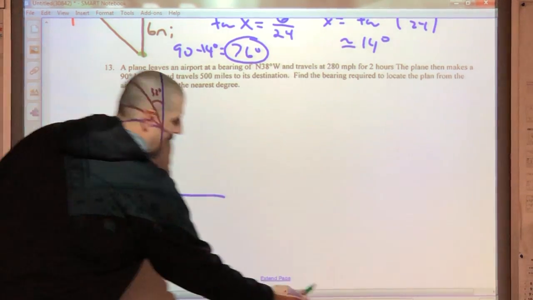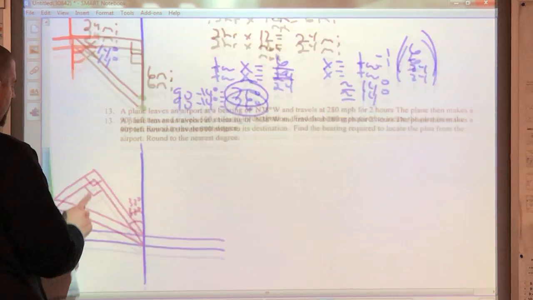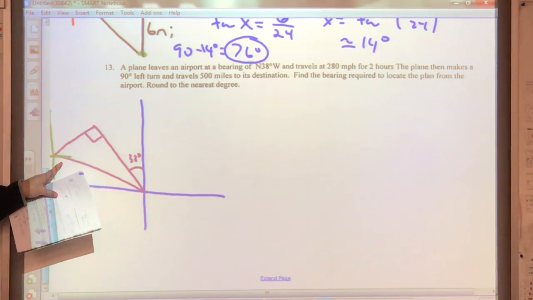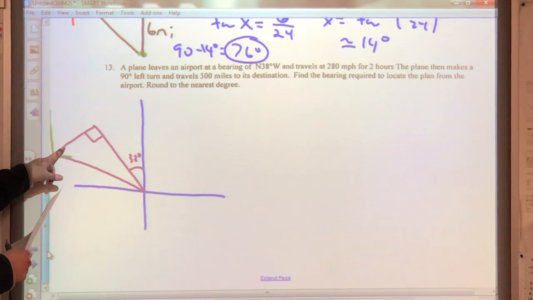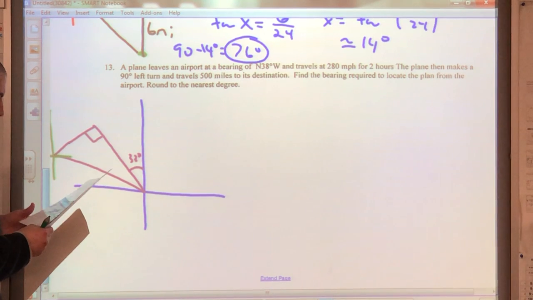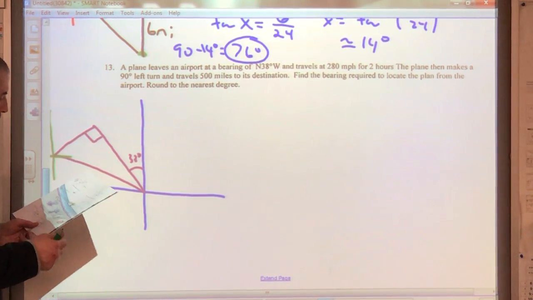Now you're going to want to draw another bearing, right there. So we need to calculate this angle, but we probably can't calculate that angle. So we're going to have to calculate this angle and figure out exactly what it takes here.